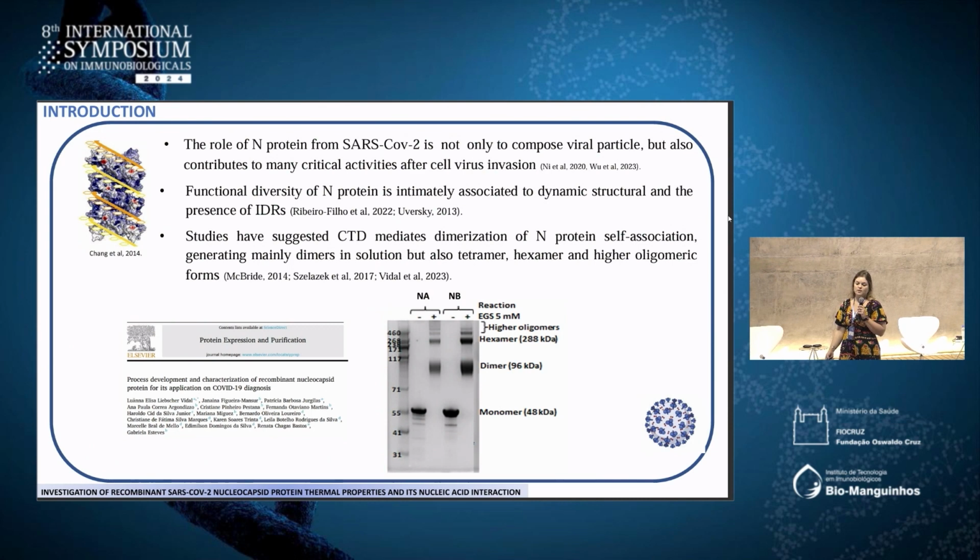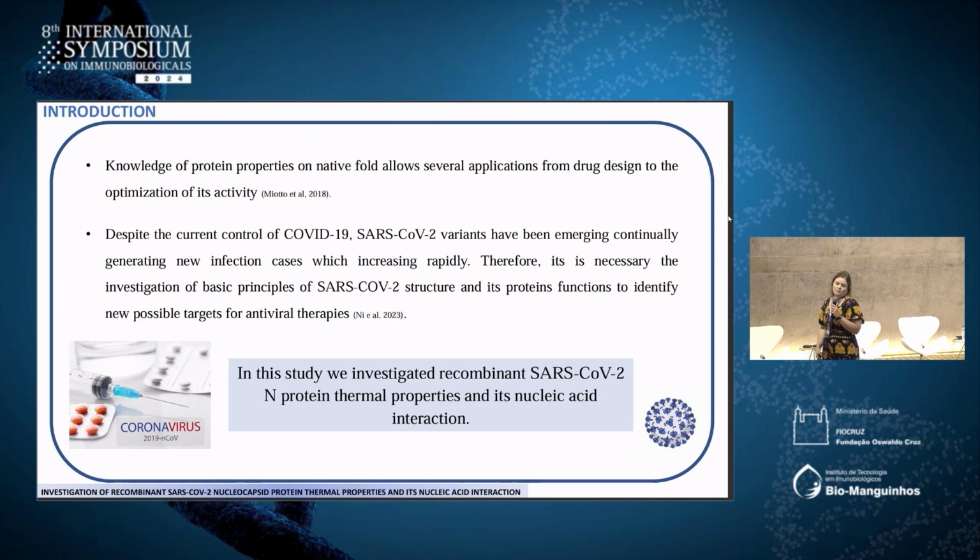Studies have suggested that the CTD initiates dimerization of the N protein and also higher oligomeric forms. This work treated these with a reduction of the nucleic acids, and we observed that after the treatment we had a reduction of the oligomers, showing the action of the nucleic acid. Although COVID-19 is now controlled, new variants emerge continually, generating new infection cases which increase rapidly.